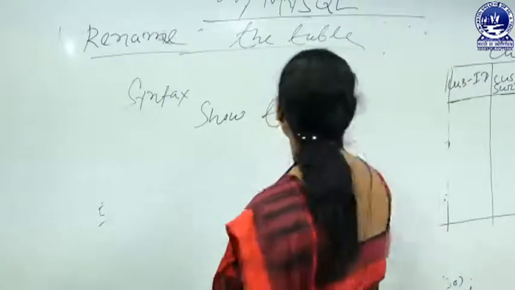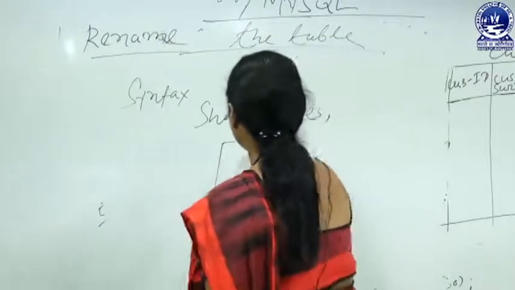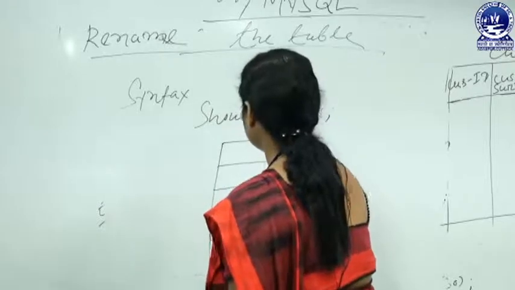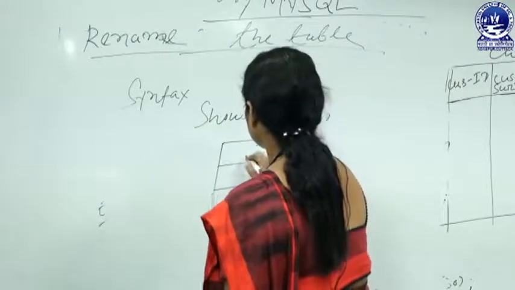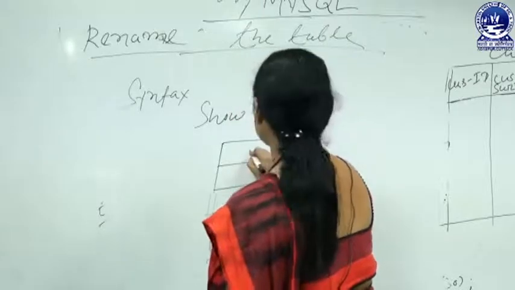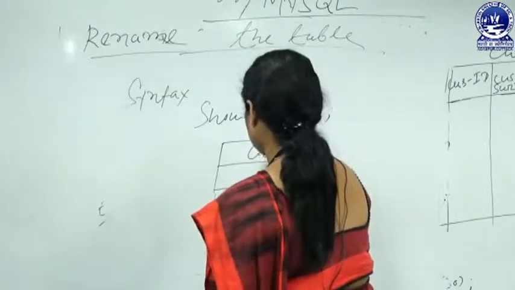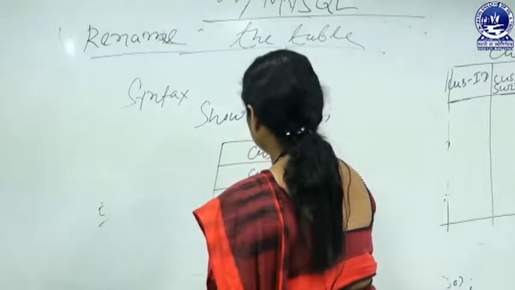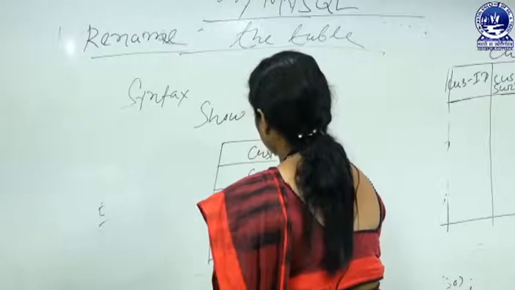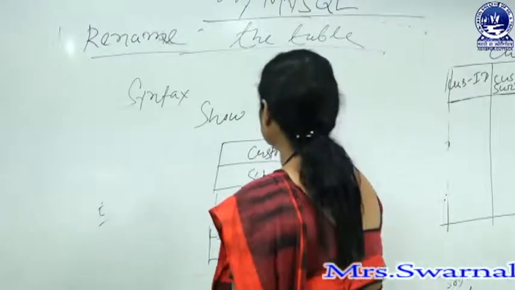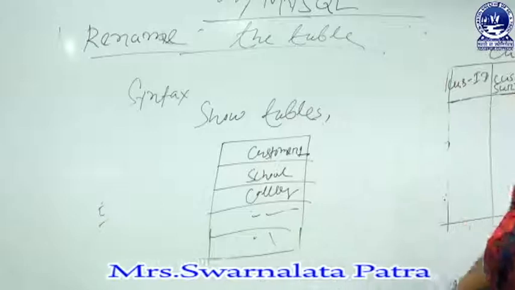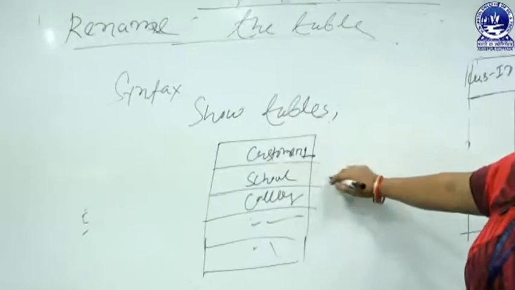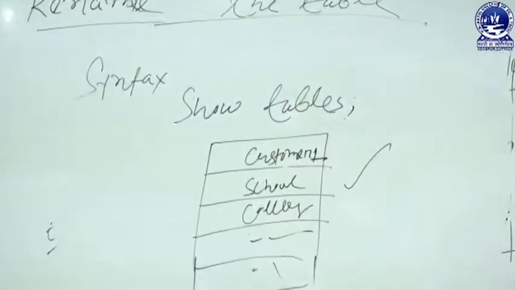It automatically displays the tables that already exist in the system: customer1, school, college, like this. Here you can see customer1 exists. This is the output of this command.